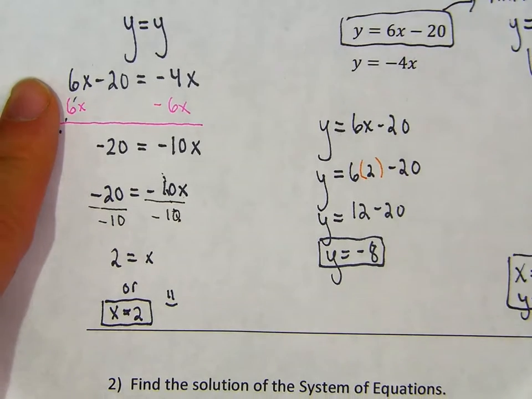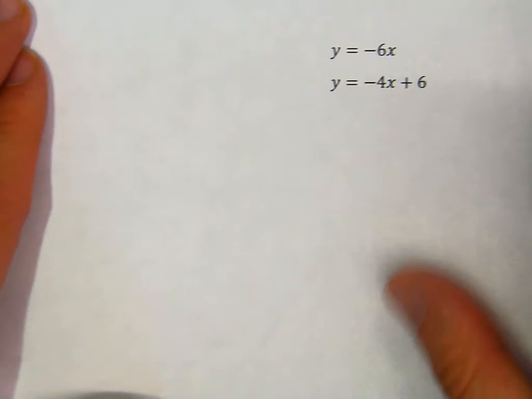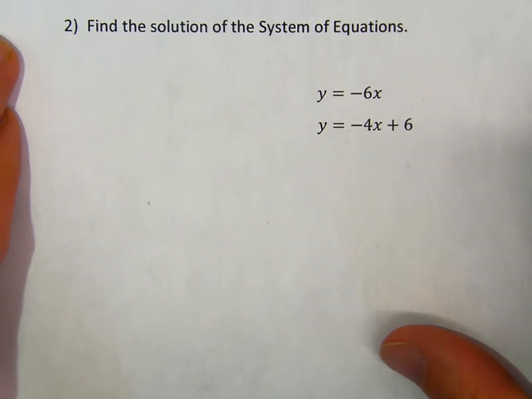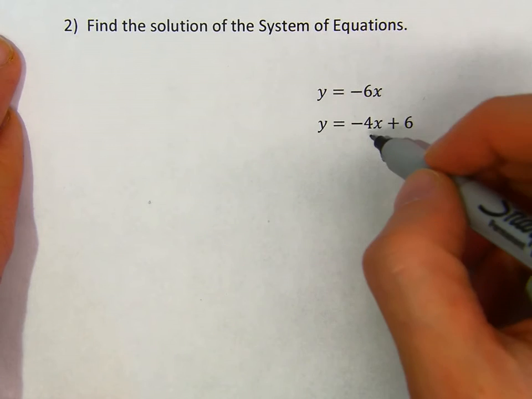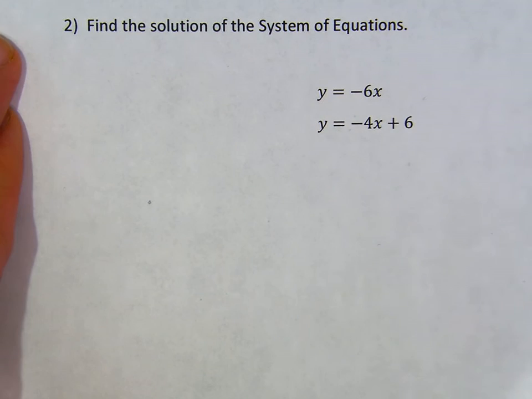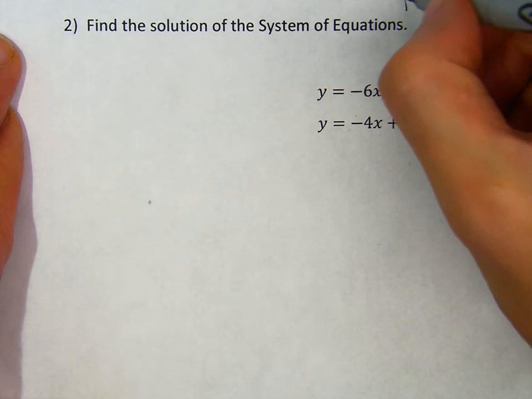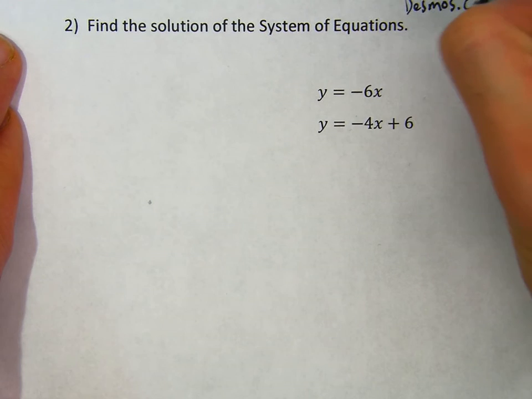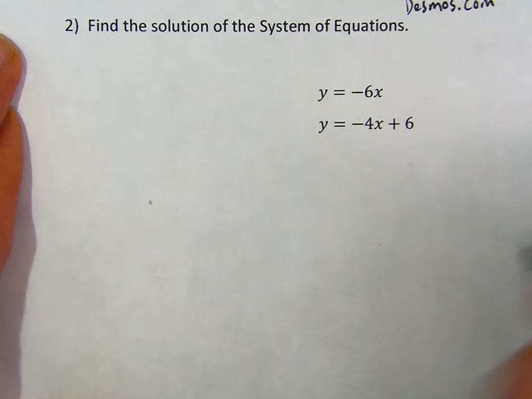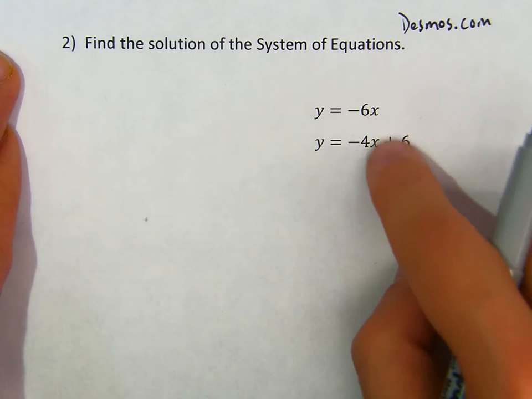Let's try this one by yourself. Pause the video and try to solve this one by yourself. When you're done, you could either use your calculator or go to desmos.com to plug it in and see what the two lines look like.